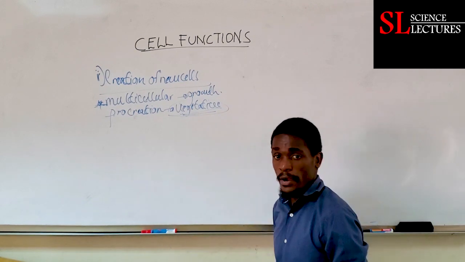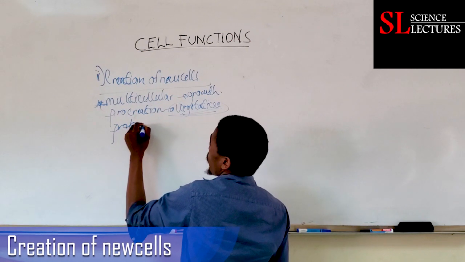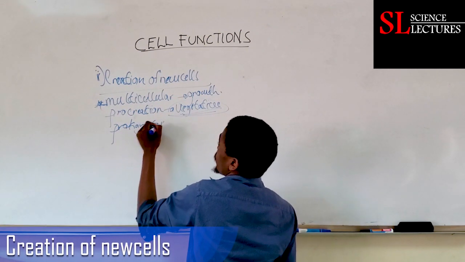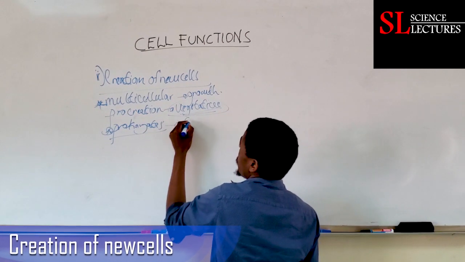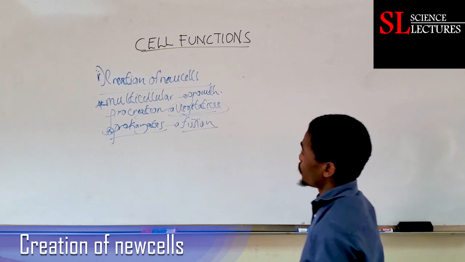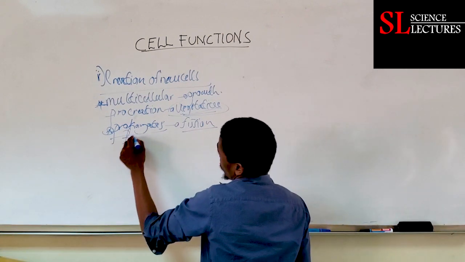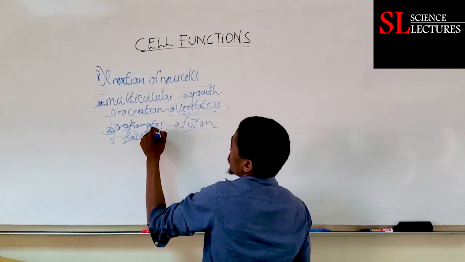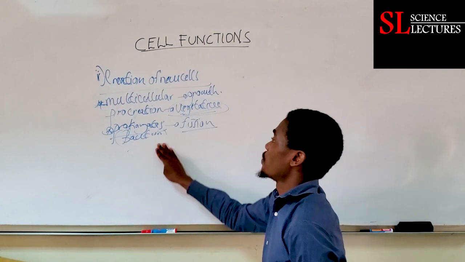Then for prokaryotes, the formation of other cells, or their cell division, is what we call fission. Fission leads to formation of other cells in prokaryotes like bacteria. This fission can be binary fission or multiple fission.